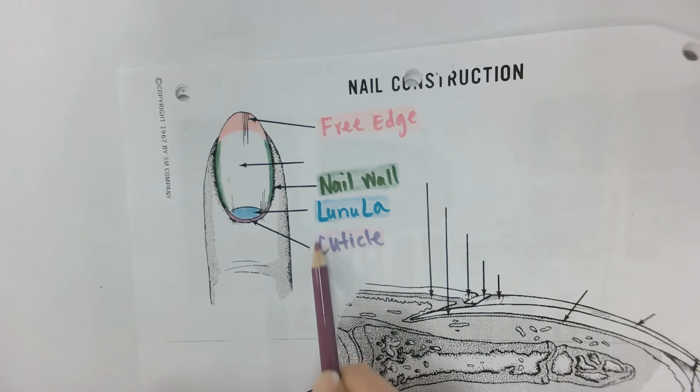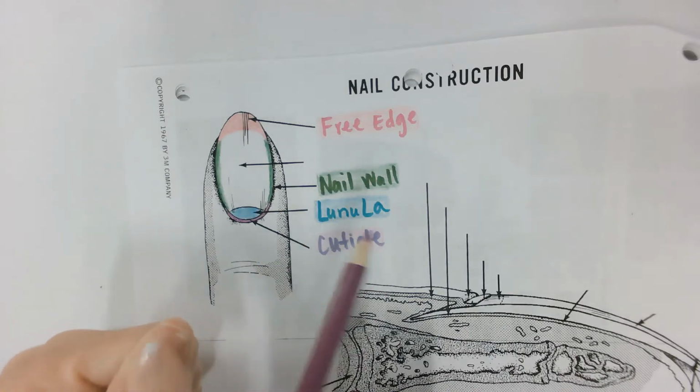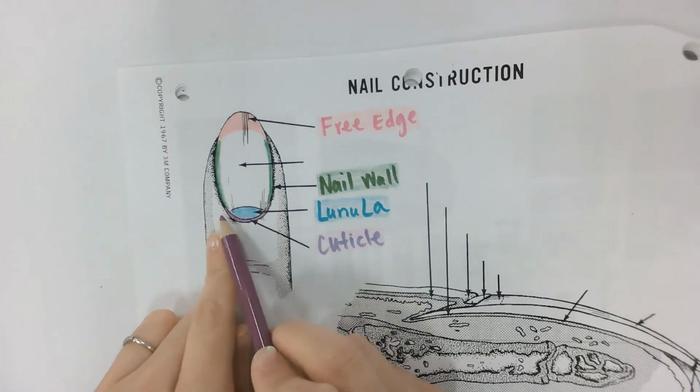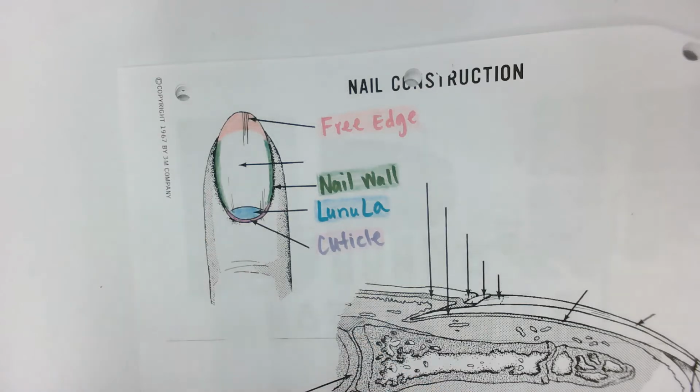It covers the top of the nail. It's sticky on the bottom, so if you touch your finger, it's not sticky, but underneath, it's sticky because it sticks to the top surface of the nail. And the cuticle grows from this area right here. So as the nail is growing, because it's sticky, it's stuck to the top of the nail.